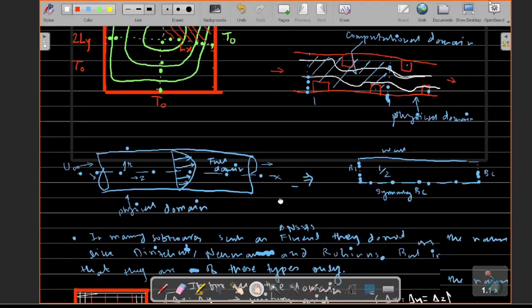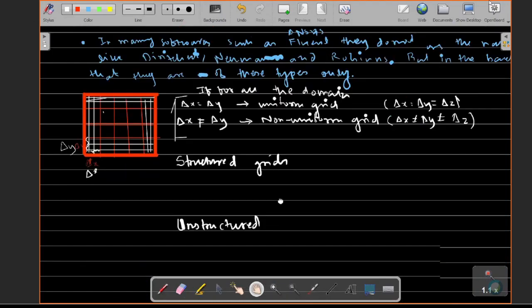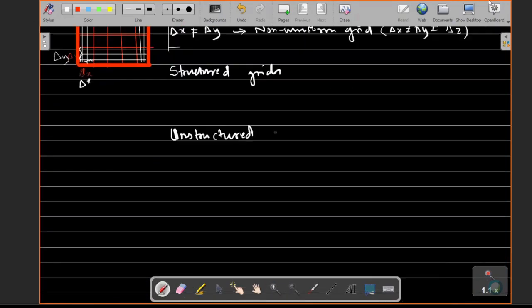There is something about structured and unstructured. Whatever grid you are seeing here can be structured or unstructured based on this property.